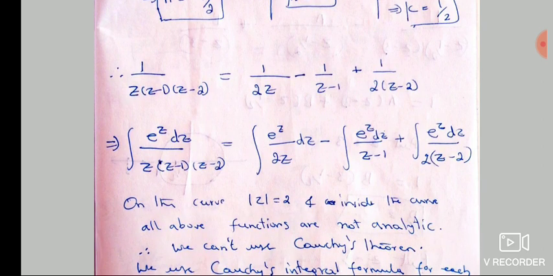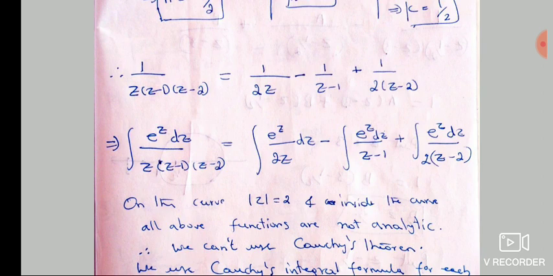So we will get the integration of e power z dz divided by z into z minus 1 into z minus 2 equal to the integration of e power z divided by 2z dz, minus e power z dz by z minus 1, plus the integration of e power z dz divided by 2 into z minus 2. So from here we have to understand how to solve this problem.